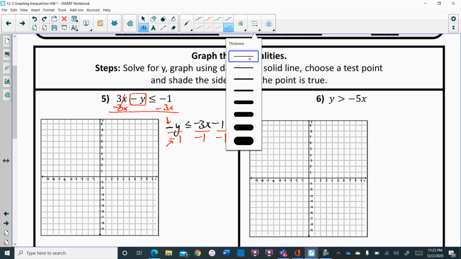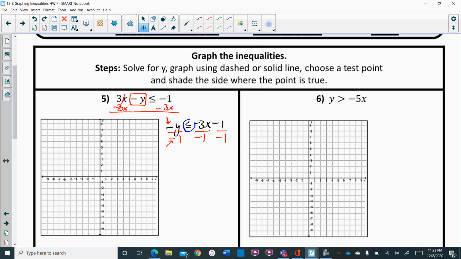The less than or equal to is going to get flipped because of these negatives that we're dividing by on both sides. So now this goes greater than or equal to. You keep the y. -3 divided by -1 makes a positive 3x. -1 divided by -1 makes a positive 1. So now you have your inequality. Don't forget that rule in your notes about flipping when you divide by a negative.